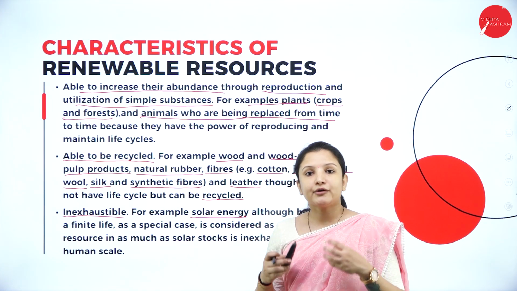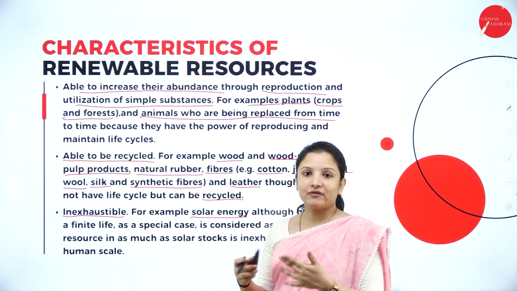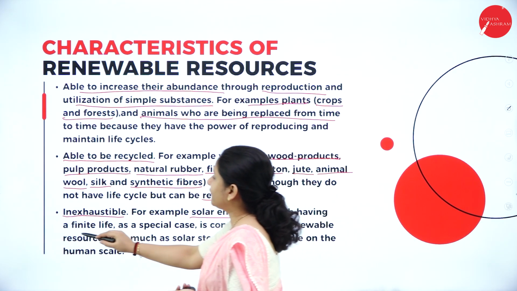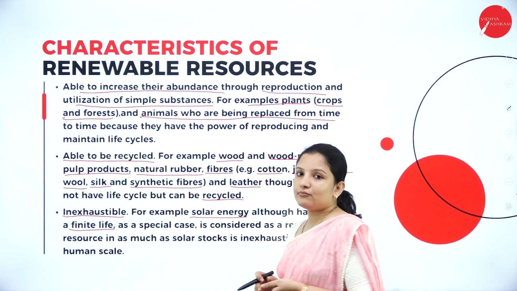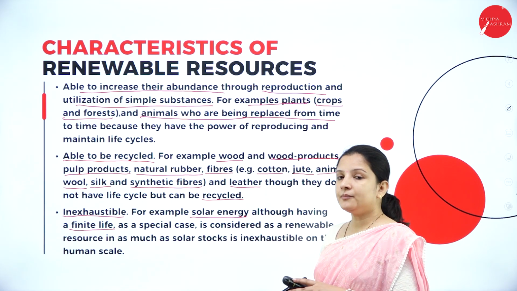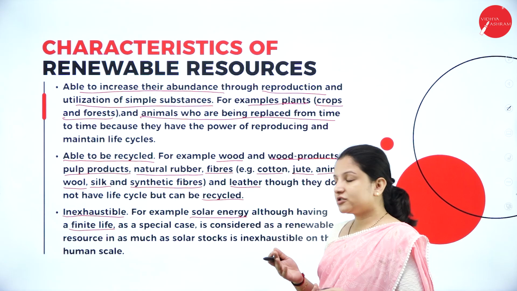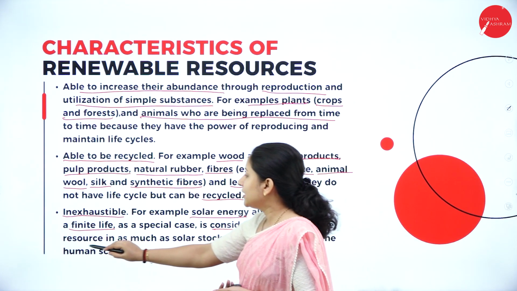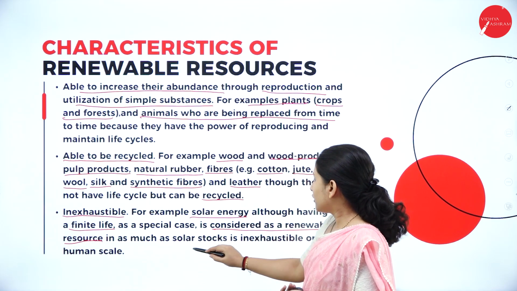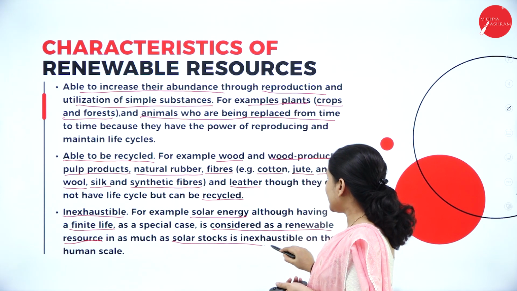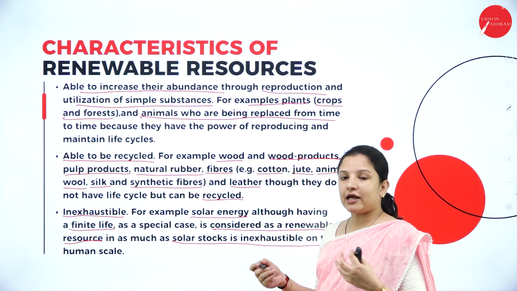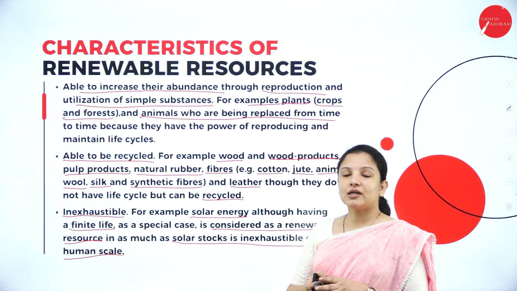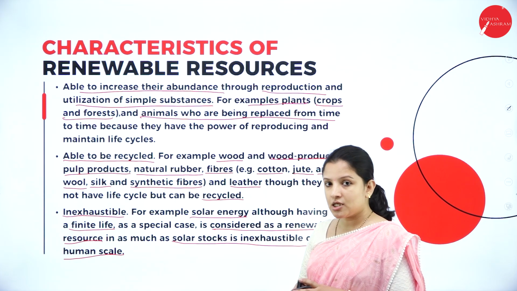They will never get over. Continuously they will get generated. So solar energy, although it is said to have a finite life, is effectively immortal. It doesn't have a particular lifespan, and it is considered a renewable resource because it contains a lot of energy that can be used continuously by human beings to generate electricity and therefore used for various other purposes.